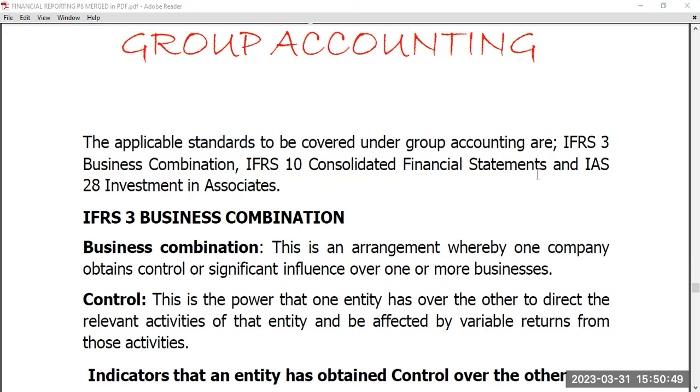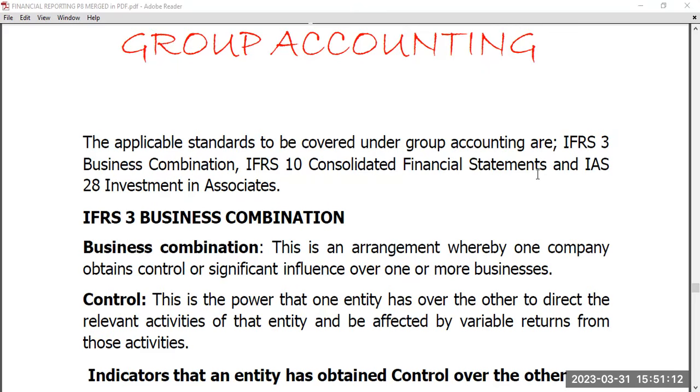So it was introduced just to equip the students with the basics that are needed in group accounting.